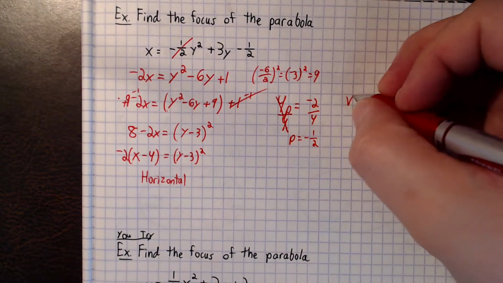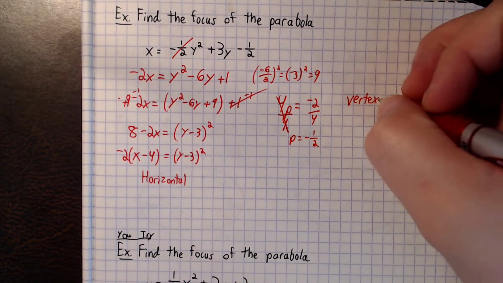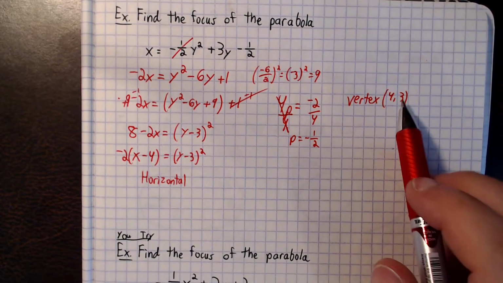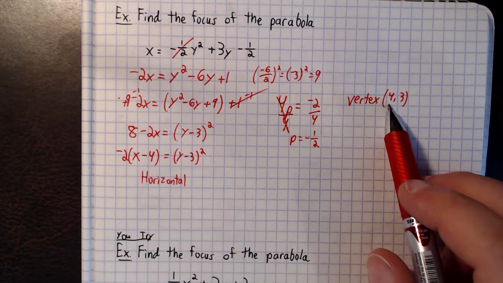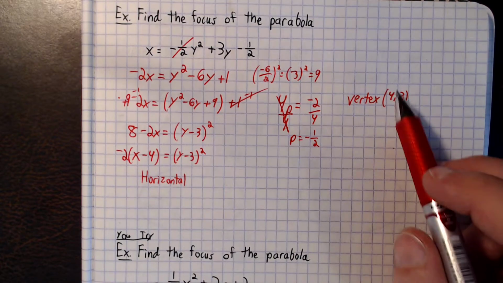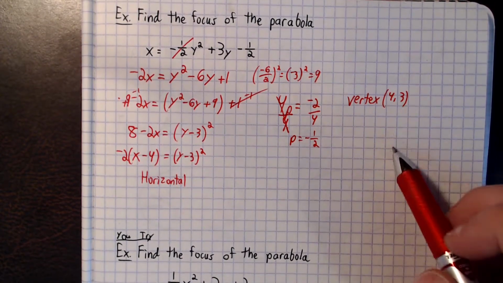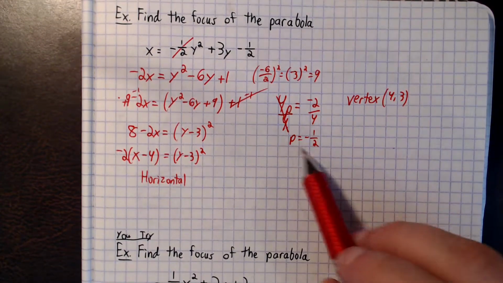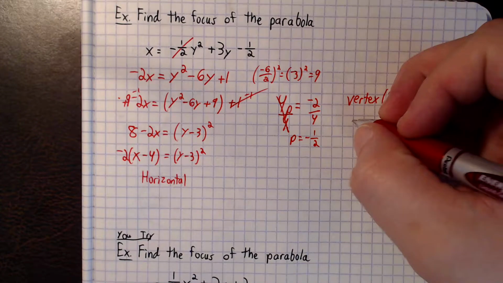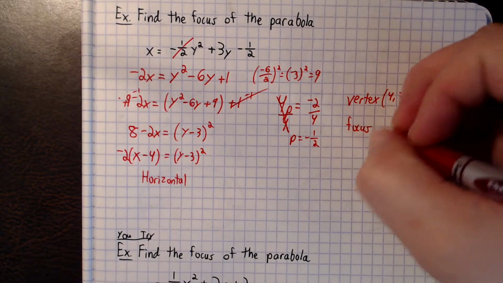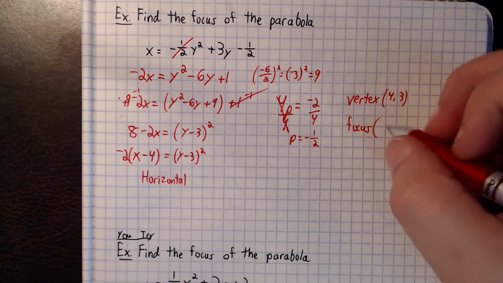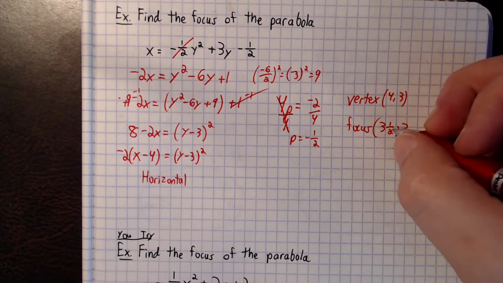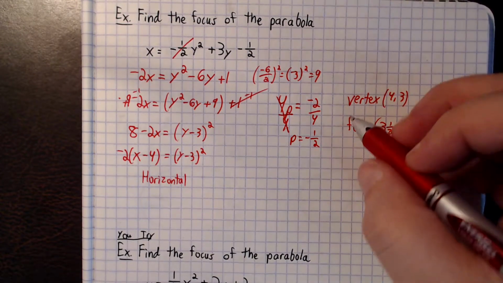Because if we know the vertex, which is 4, 3, we know that the focus is going to be, because it's horizontal, a change in x. So we need to just combine our p-value with x, and that'll give us our focus. So let's see, 4 minus 1/2, that would be 3.5, and we're not doing anything to that 3. So this is our focus.